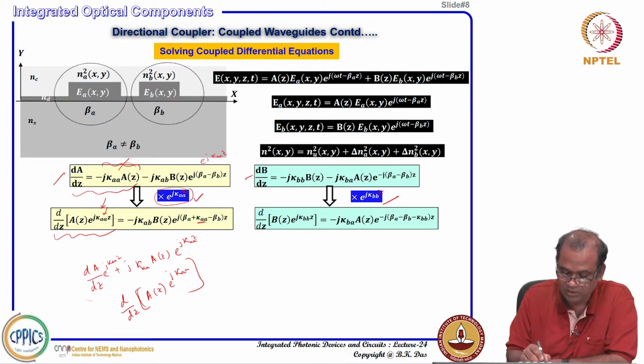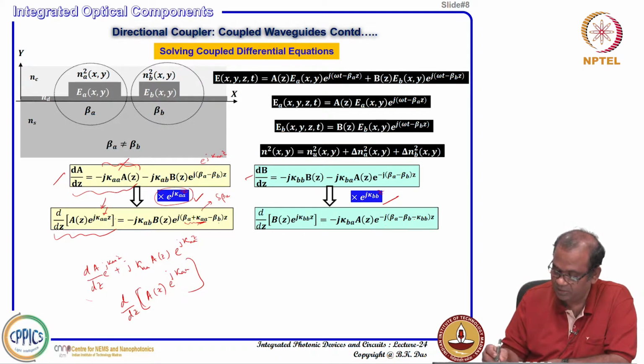So, you had beta A minus beta B, and in between I just put kappa A. I clubbed kappa A with beta A because this kappa A appears as how much the propagation constant is modulated in waveguide A. Similarly, here I am multiplying by kappa BB z.